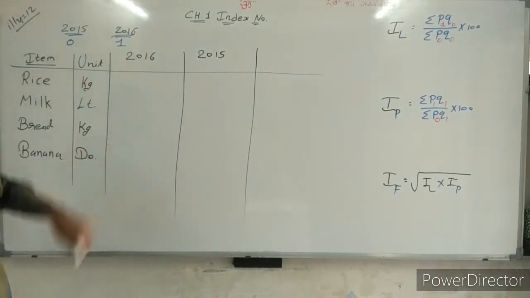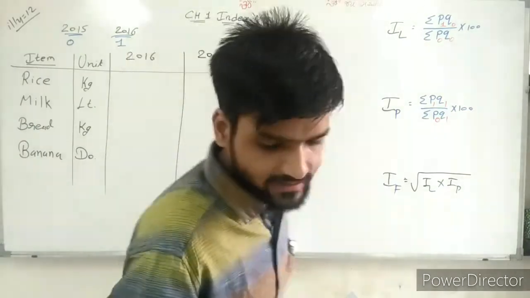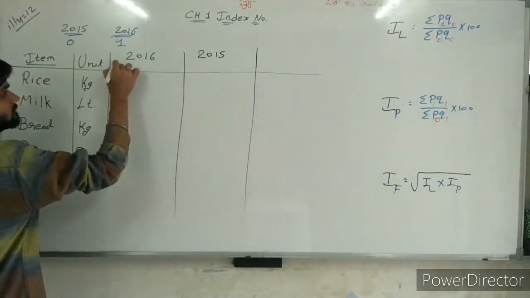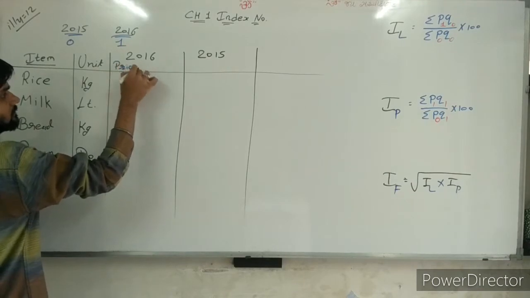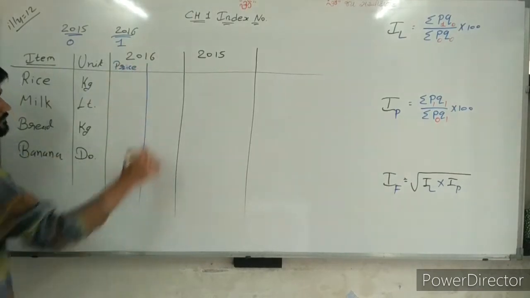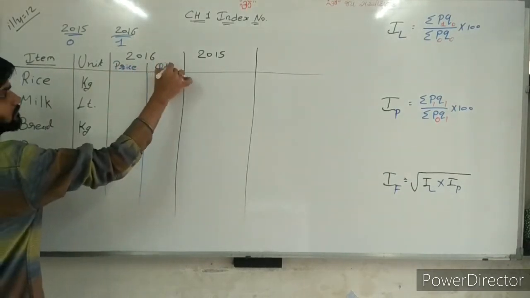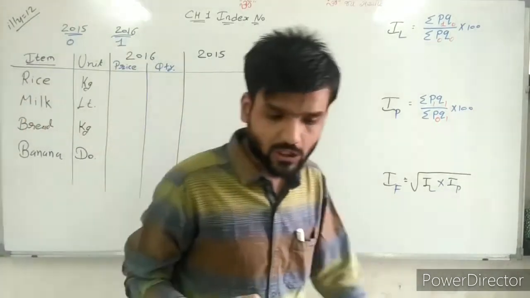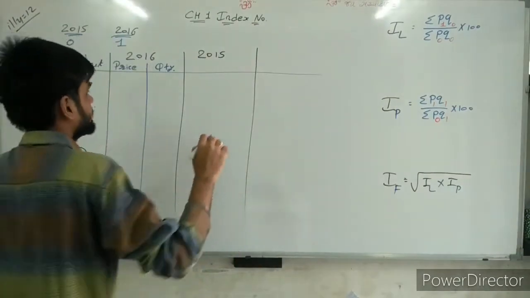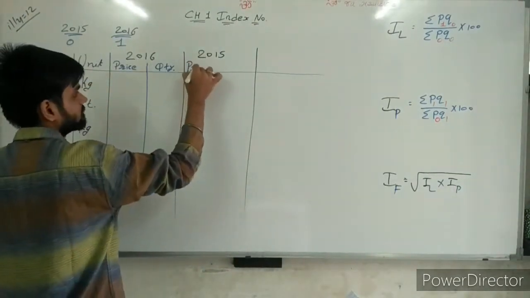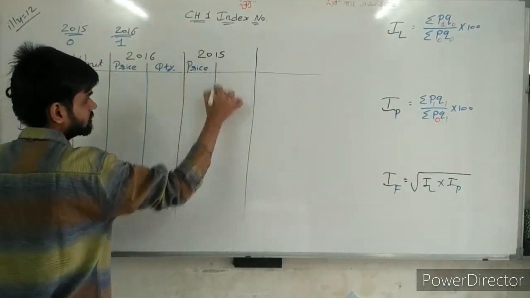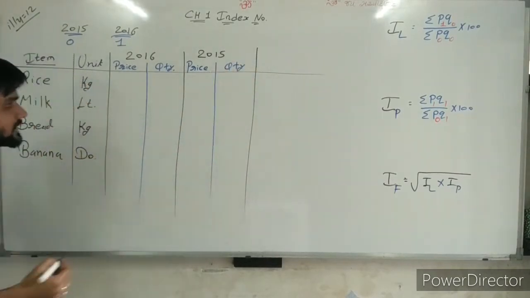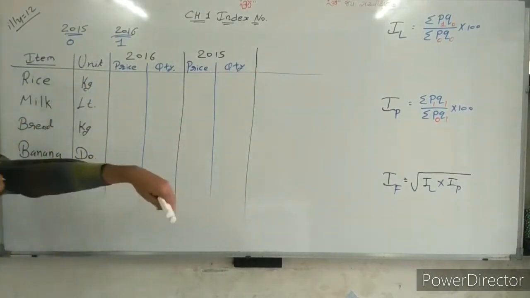Now in 2016 there is price and quantity. Same way, 2015 also has price and quantity. So this information is available.